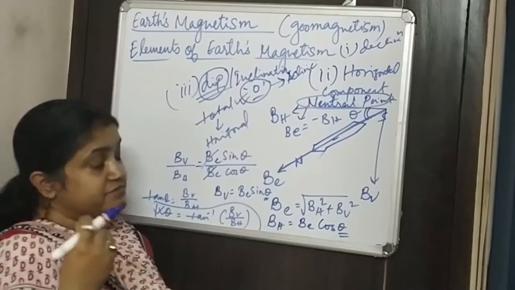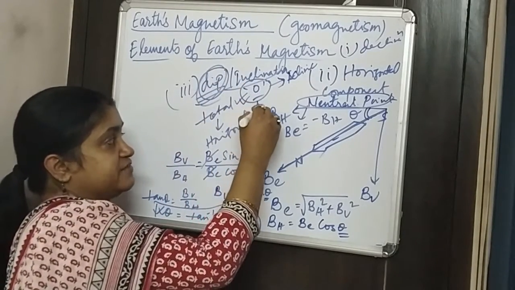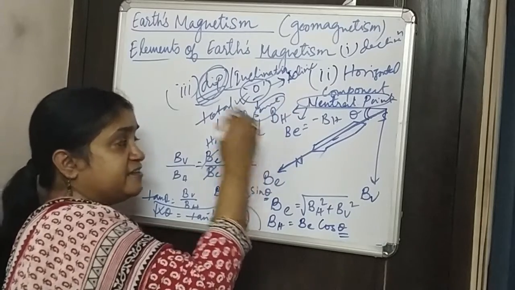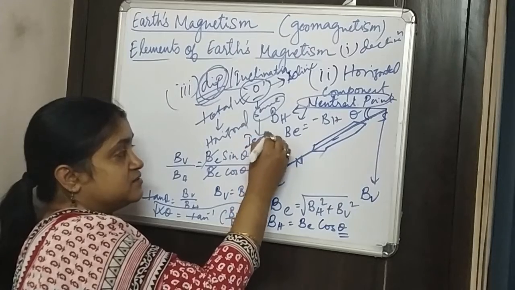And if places have the same inclination and same dip, and you join them with a line, those are called isoclinic lines.